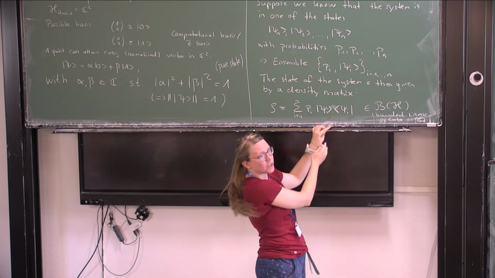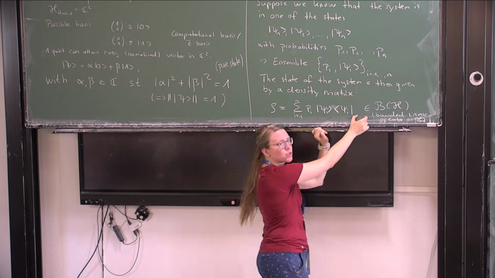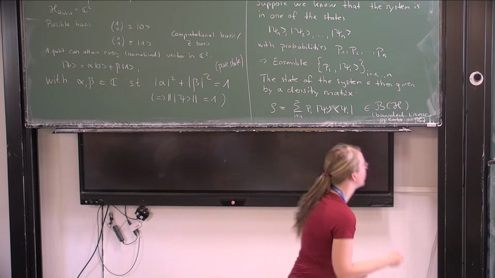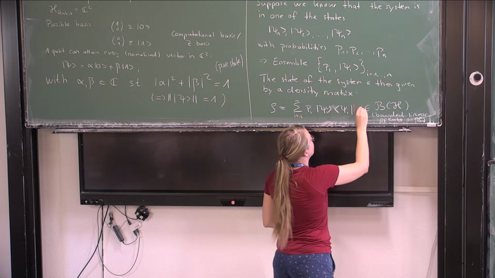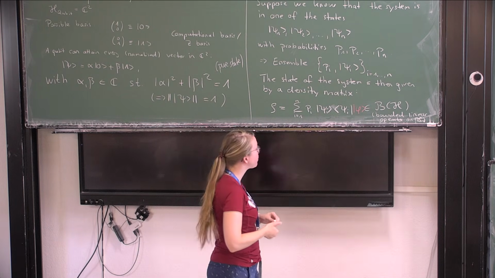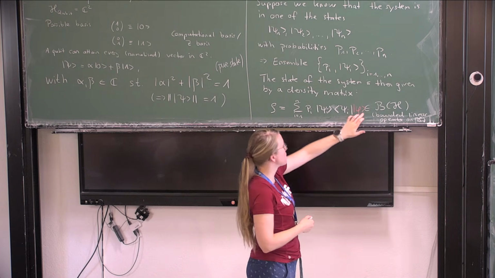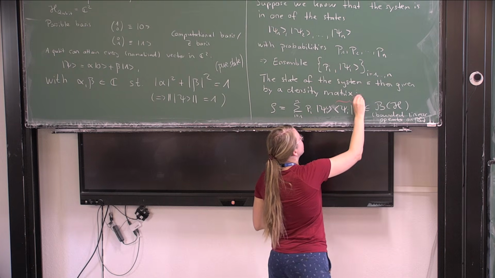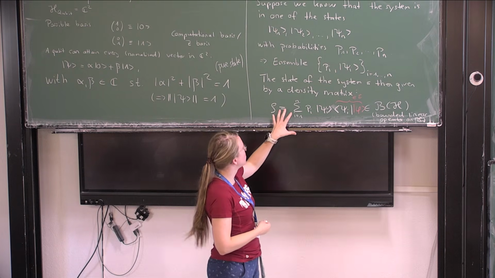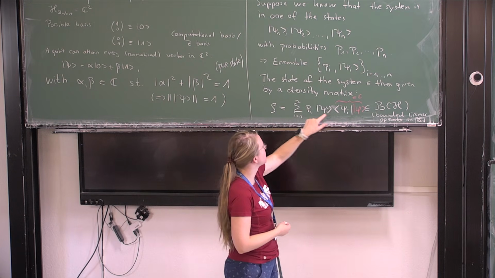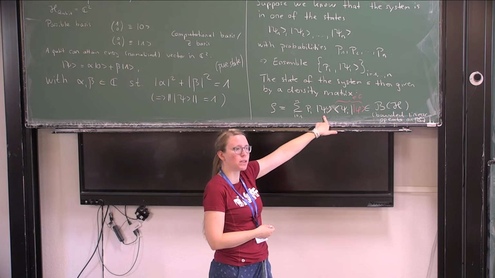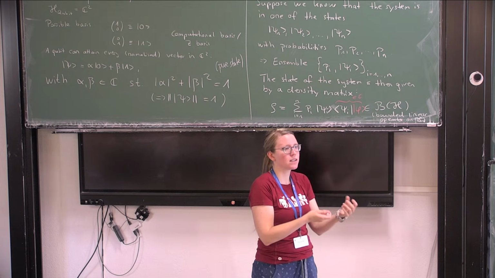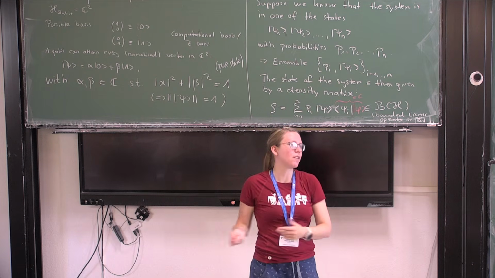You're building an object here that you can apply to a vector phi in the Hilbert space, which means this becomes the scalar product, some number in C. That means what comes out of this object is a multiple of a vector in the Hilbert space. So in principle this is an operator on the Hilbert space, in the sense that you can apply it to a vector and it gives you another vector.